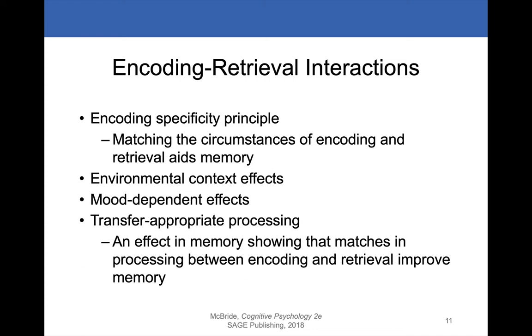All of this has been put together into the concept of transfer appropriate processing, an effect in memory that shows that matches in processing between encoding and retrieval improve memory.